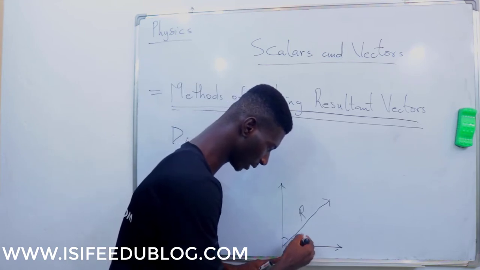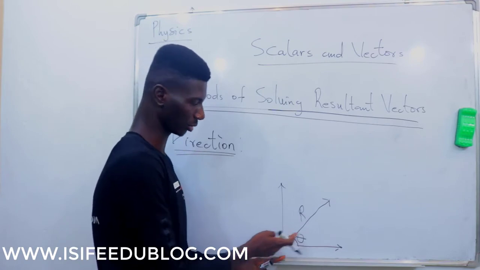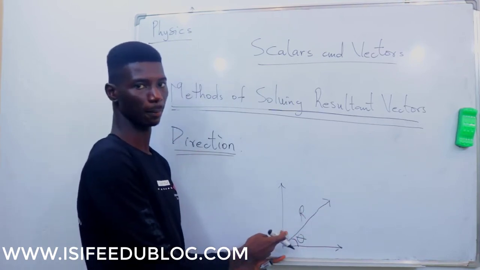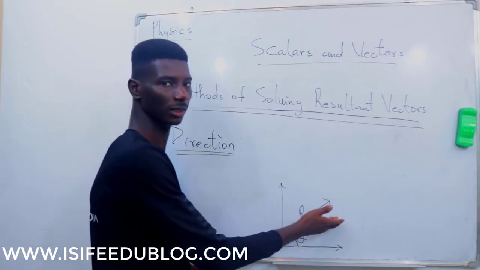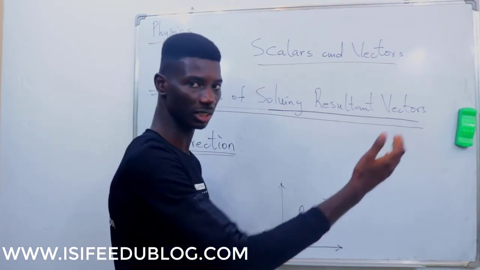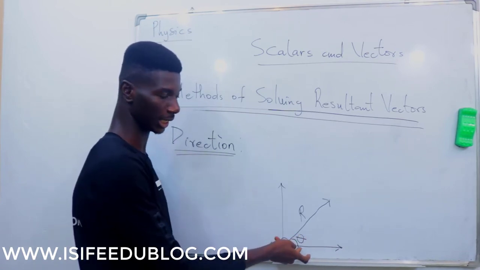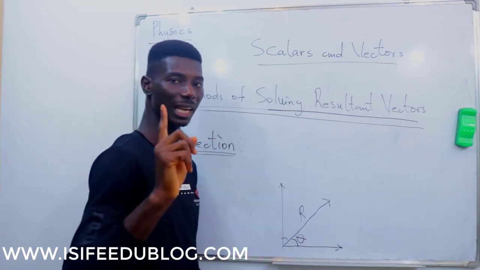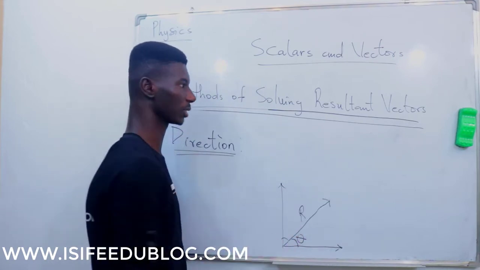This is the angle of interest here, our direction of this resultant, not this one. Because we are going to come to complicated questions. Sometimes you will be given a direction. When we reach the resolution of vectors, you will be given two directions, a direction here and another direction here. Please, the direction of any vector is the angle it makes with the horizontal.